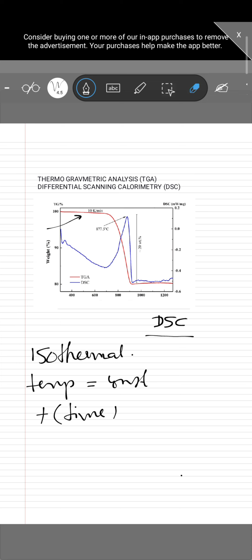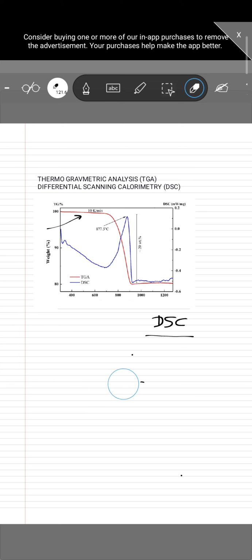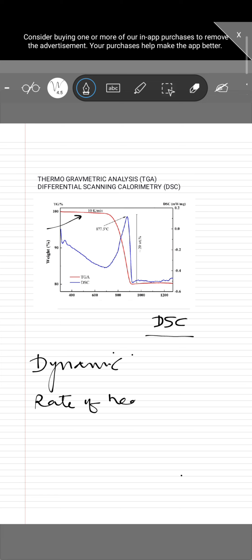Apart from that, you have another way by which this TGA test can be done, that is called dynamic TGA, where the rate of heat flow to cause a decomposition is varied. That is called a dynamic TGA.